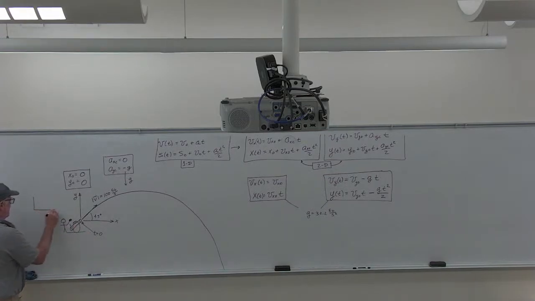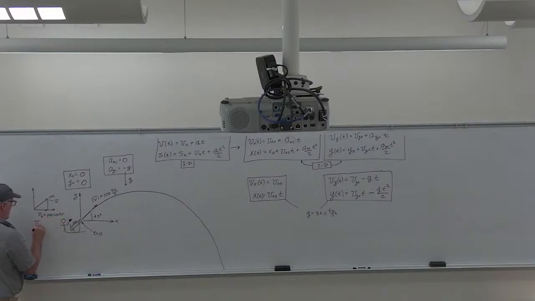if you get a vector and it's 100, and you get an x component, so this is the vx of that vector, which is 100 times cosine of 45.